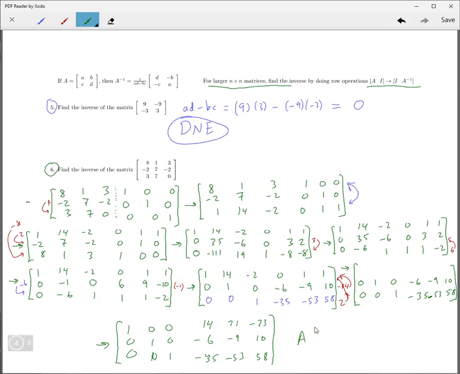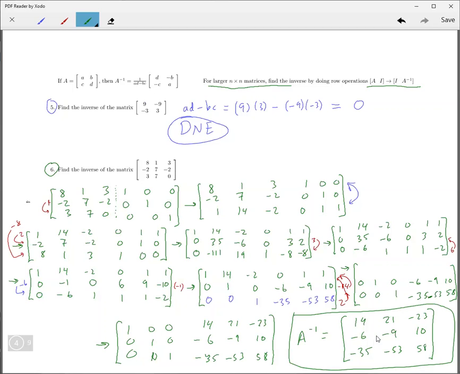So that means that the inverse matrix will be this right here. Okay, so that would be the answer to that part, to that question there.